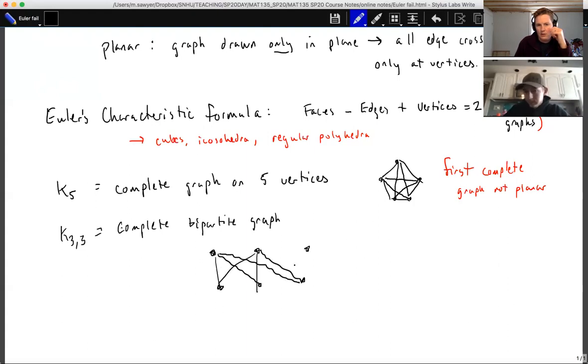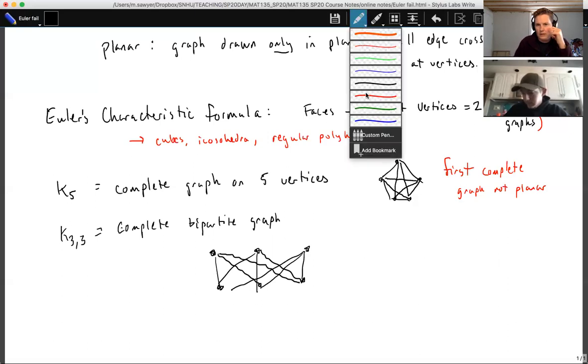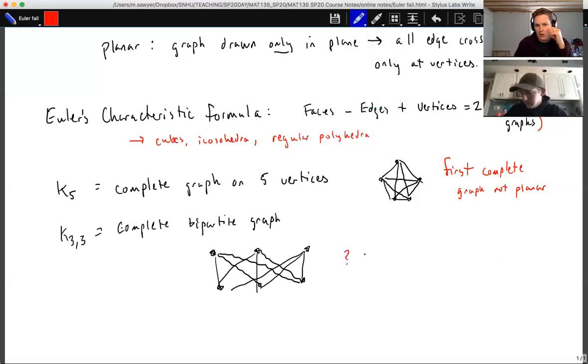We said we're going to leave this for later, so we didn't talk much about whether this is planar or not. And this is what we'll talk about today. This is typically referenced as the utility problem. So this is where we're going to start today, with the K3,3 graph.